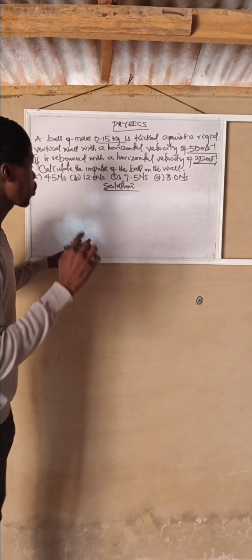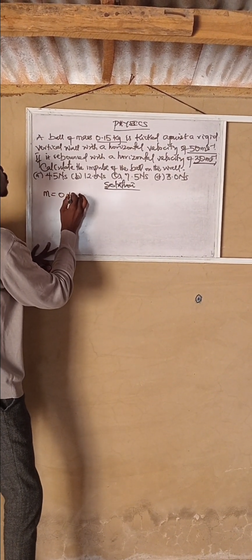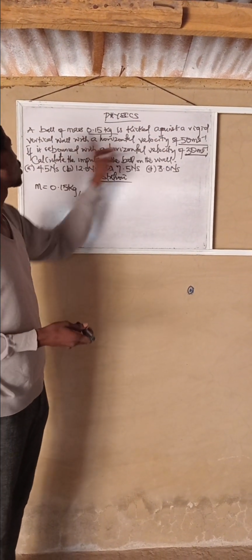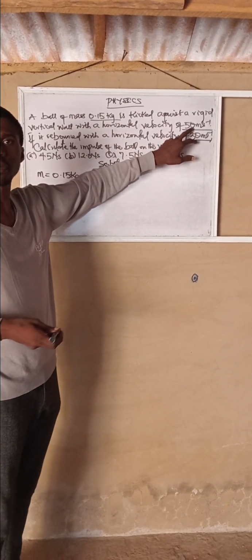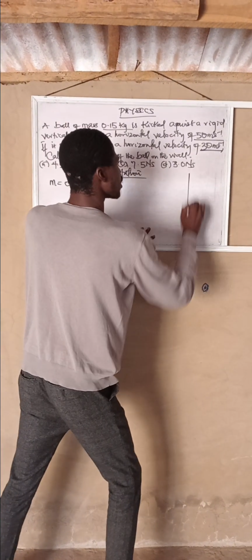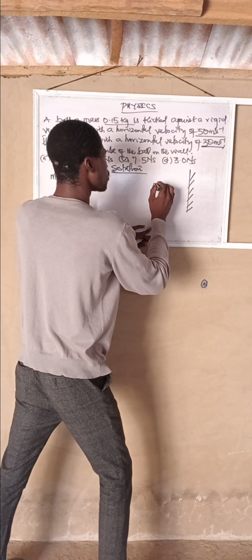Now, we are given the mass of the ball. The mass of the ball is equal to 0.15 kilogram. Now, I've been told that the ball is kicked against a rigid vertical wall with a horizontal velocity of 50 meters per second. So that is the initial velocity. Assuming this is the rigid vertical wall, this is the ball.